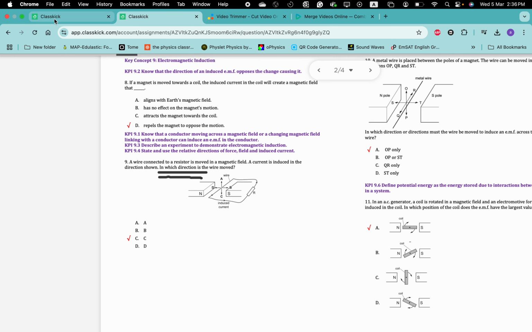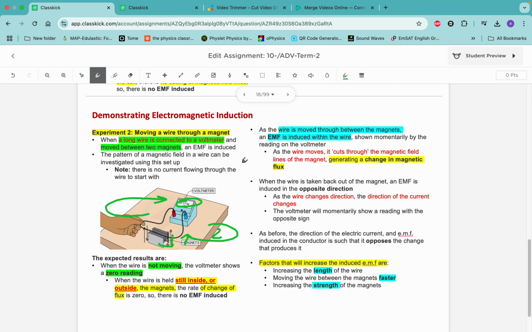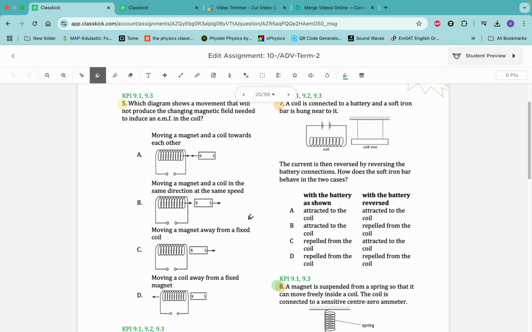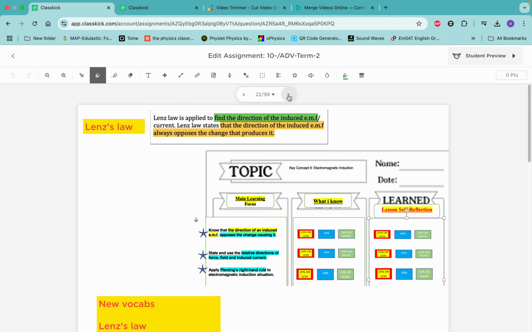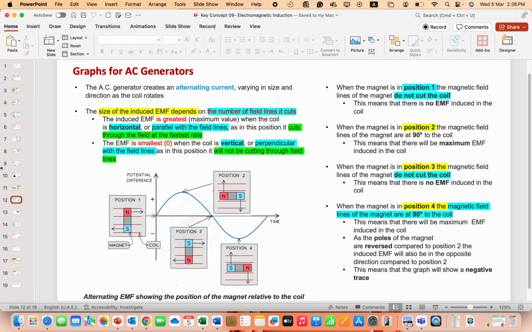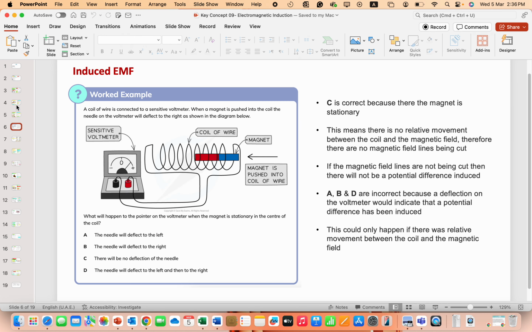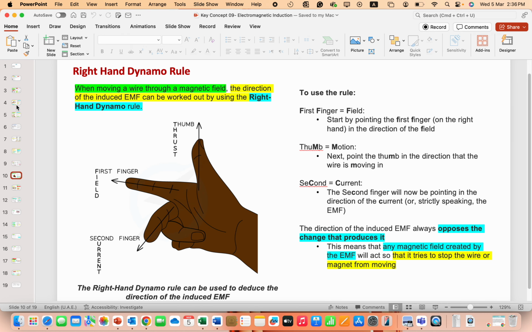Which rule will be used here? The Fleming, but this time it's not the Fleming left hand rule, it's the Fleming right hand rule, which is similar to the Fleming left hand rule, but here the thumb shows the motion and the first finger shows the magnetic field, and the second finger shows the current.